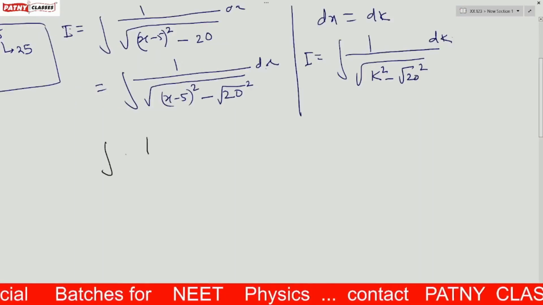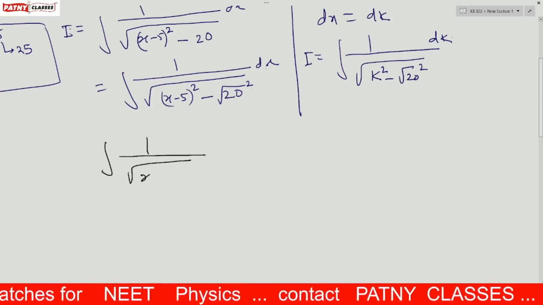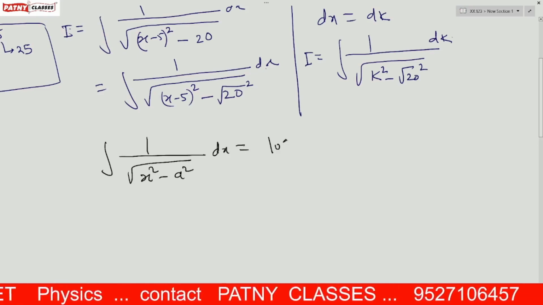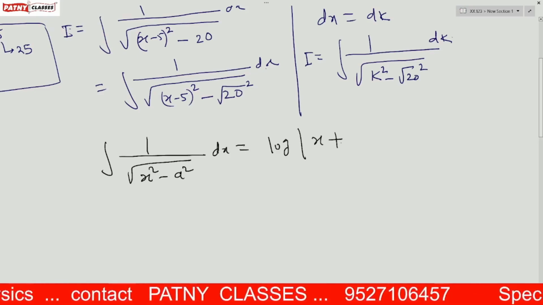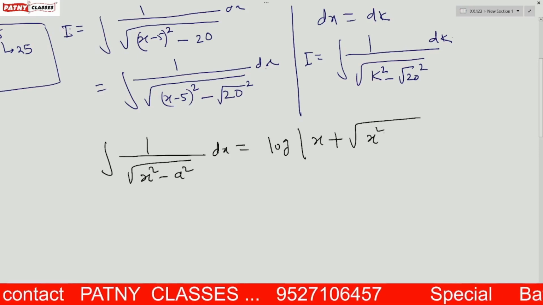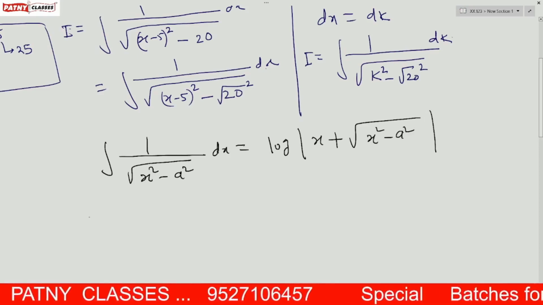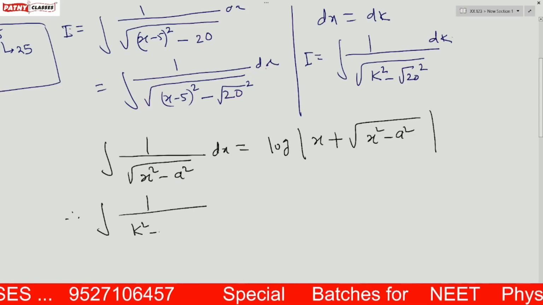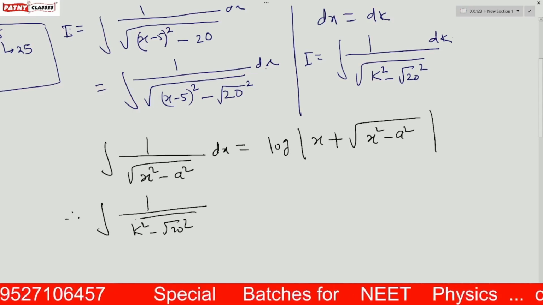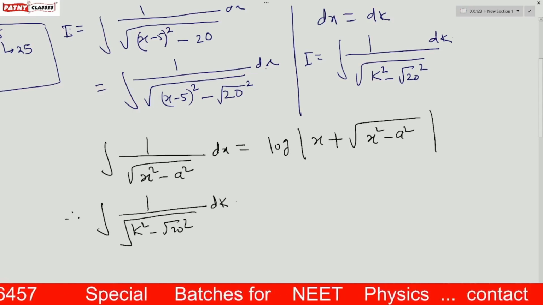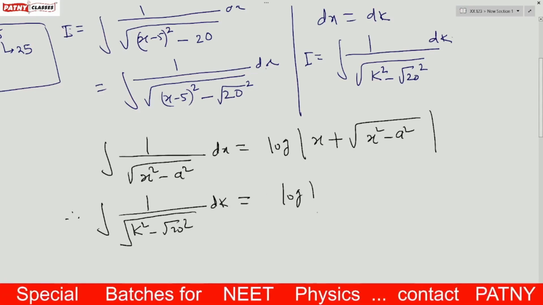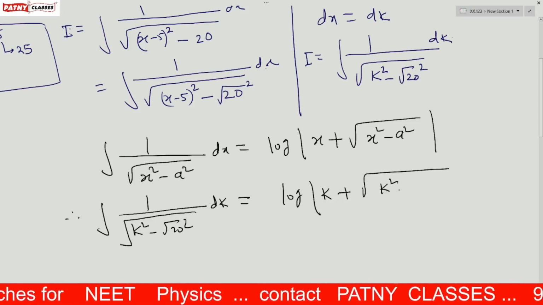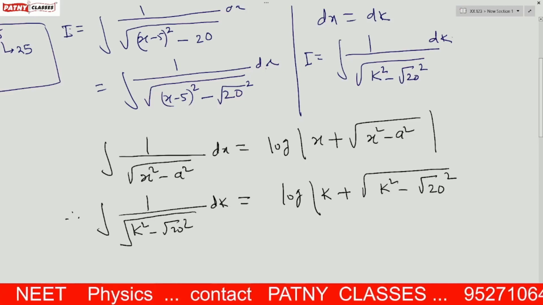Since integration of 1 upon under root of x square minus a square with respect to x equals to log of x plus under root of x square minus a square, therefore integration of 1 upon under root of k square minus root 20 square with respect to k equals to log of k plus under root of k square minus root 20 square.